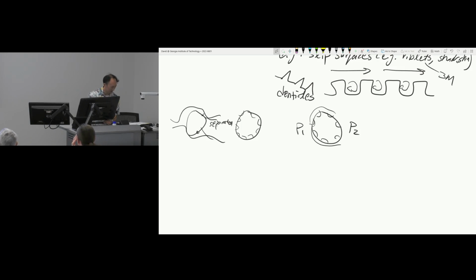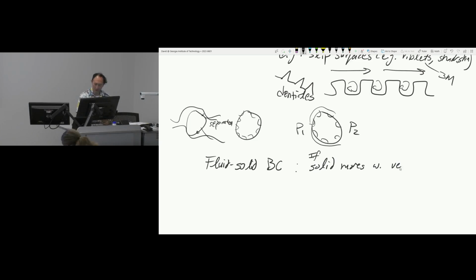Okay, now we have fluid-solid boundary conditions. And we generally say if the solid moves with velocity, so I'm going to try to introduce a new notation, we'll call this V, then we'll say U is equal to V on the surface.